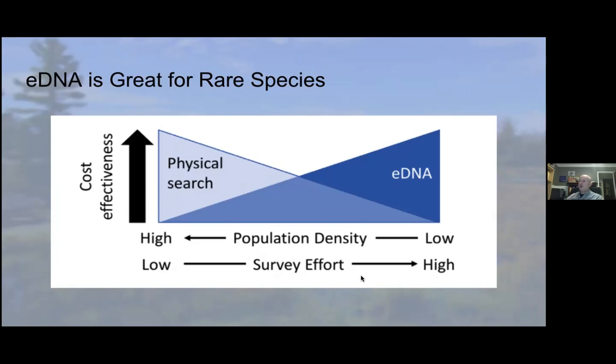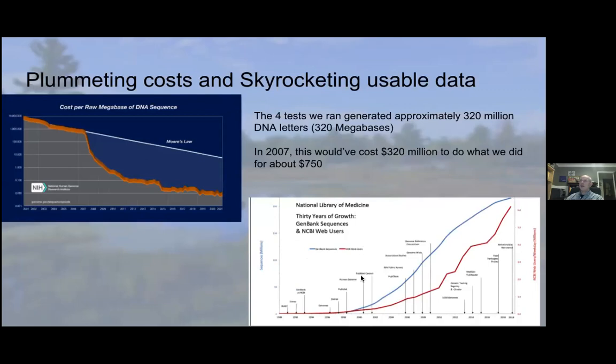As I mentioned at the very beginning, the economics associated with DNA sequencing and the amount of usable data have really driven this. We ran 4 tests in these 3 ponds, and we generated approximately 320 million megabases. In 2007, this would have cost about $320 million, and we did this for around $750.